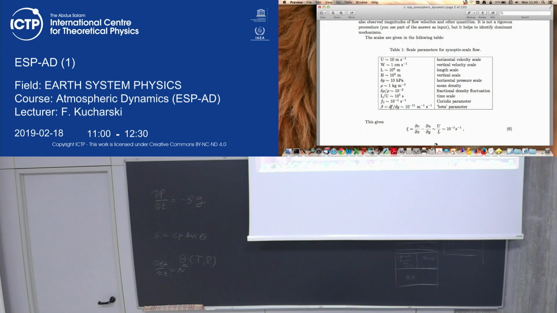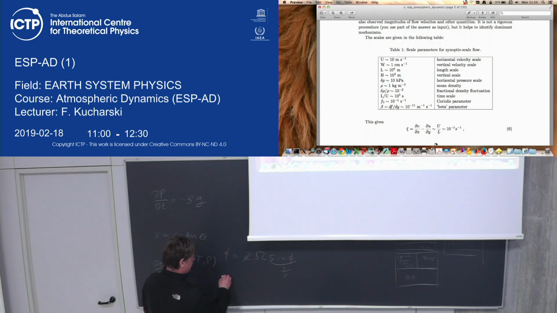The typical magnitude of the Coriolis parameter is 10 to the minus 4. That's because f is equal to 2 omega sine phi. Let's say this is mid-latitudes, so the sine is less than 1, a half or something like that.